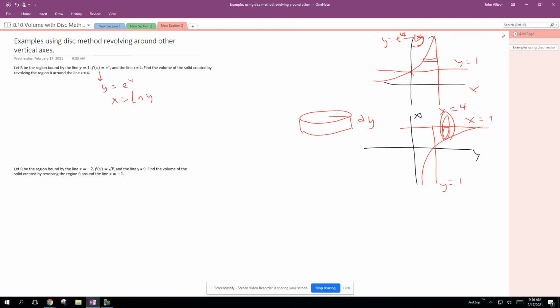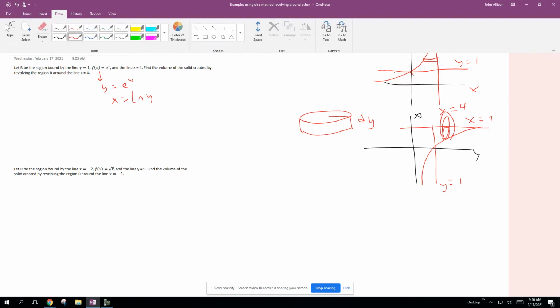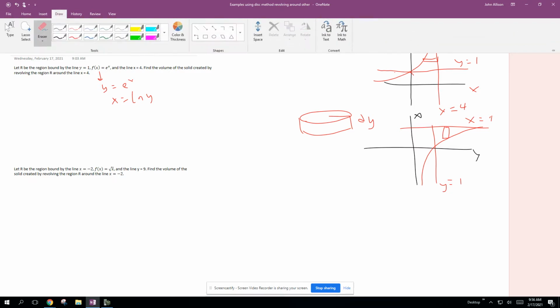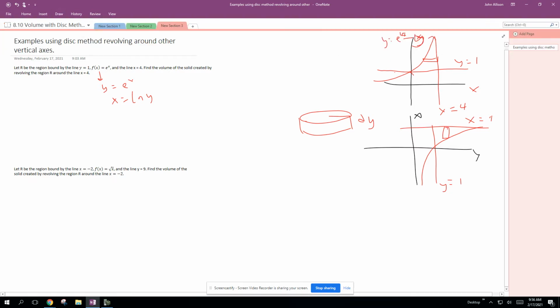I need an expression for the radius. That's going to be 1 minus ln y. When I look at the distance here, let's go ahead and erase a little bit of that so you can see what's going on. The distance from the line x equals 1 to the curve ln y is 1 minus ln y.